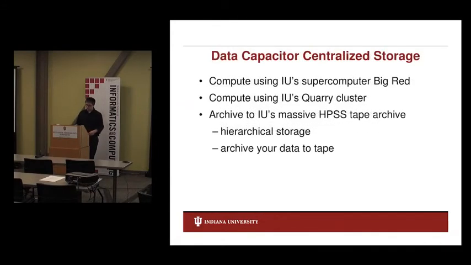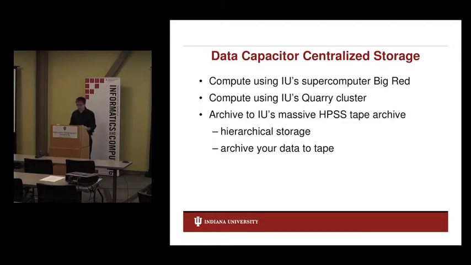So the data capacitor at IU is central to IU resources, and those resources include IU supercomputer Big Red, which is a 40 teraflop IBM machine. There's a general purpose compute cluster called Quarry, which has some high memory nodes in it that's also useful for analyzing and computing on.